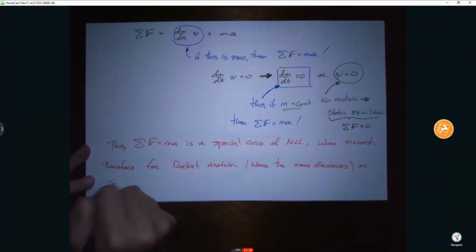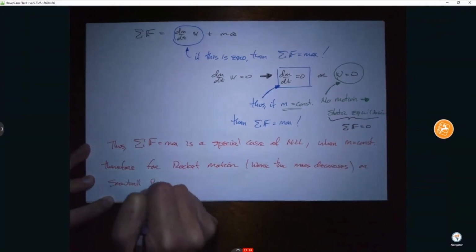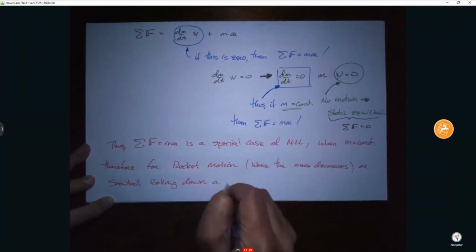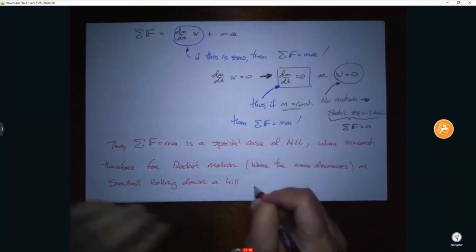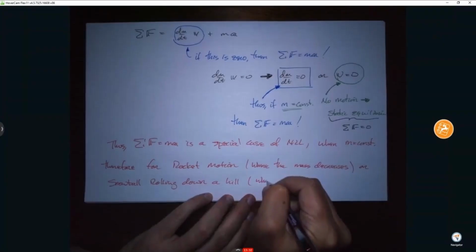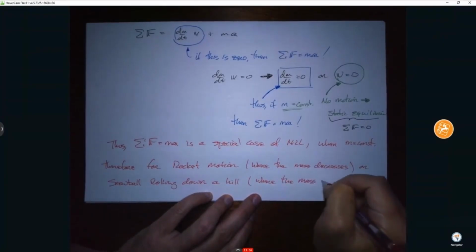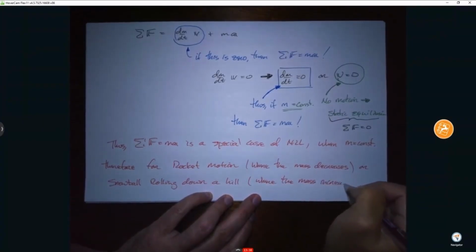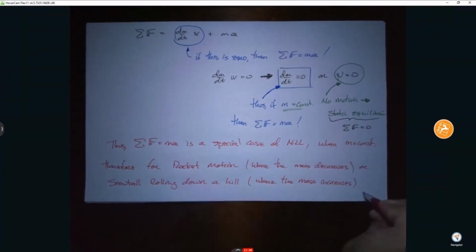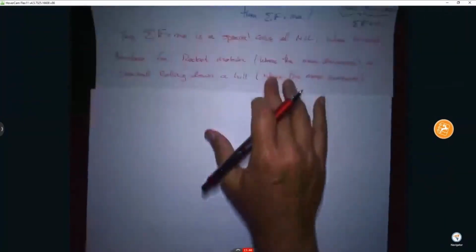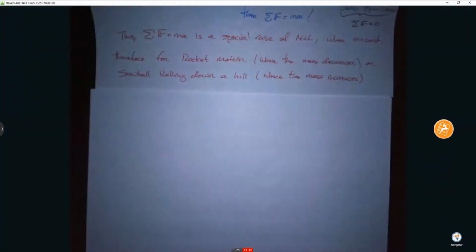But I'm going to do the snowball, where it rolls down a hill and the mass increases.